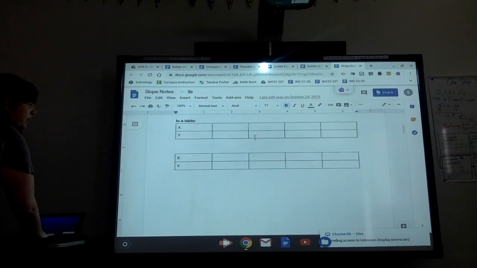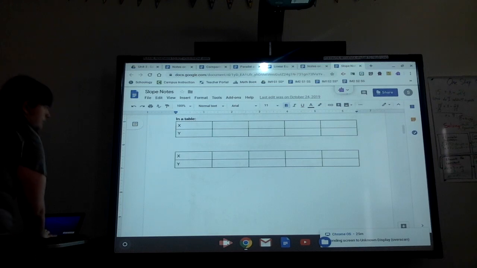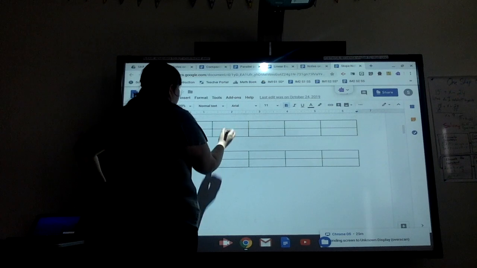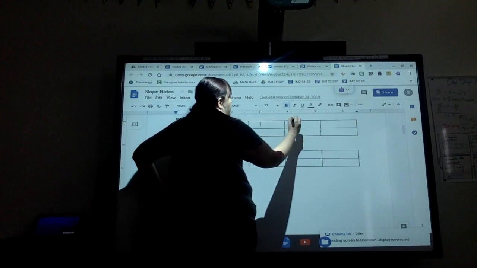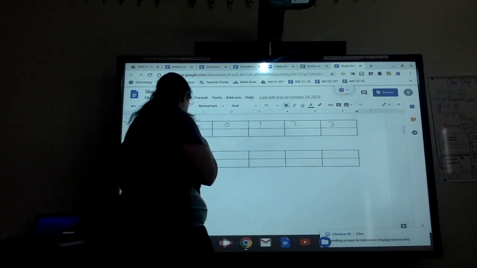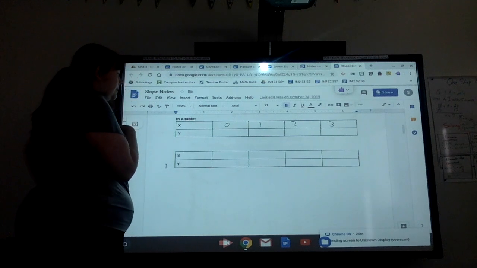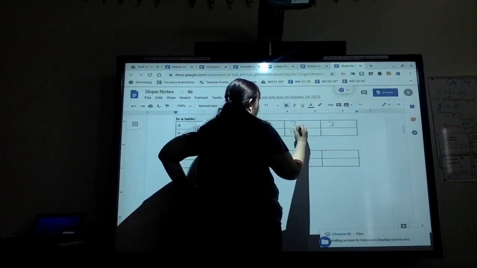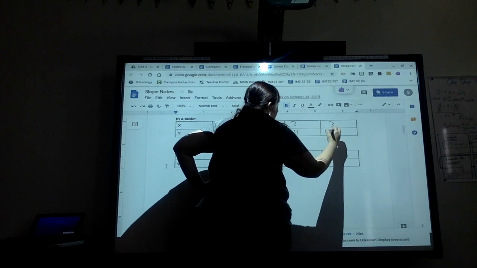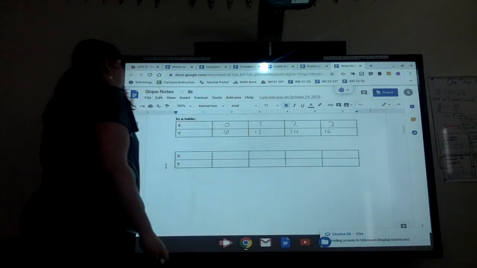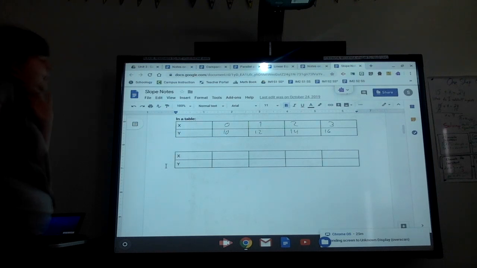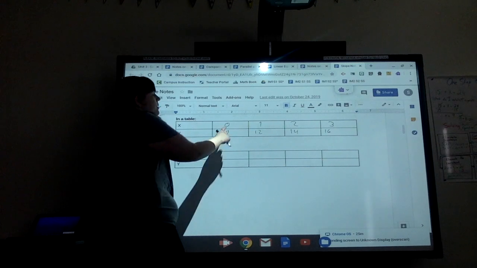So in a table, let's say it's 0, 1, 2, 3, and let's say it's 10, 12, 14, 16. I just made this table up. And what matters here is that in the first one, it goes from 0 to 1.